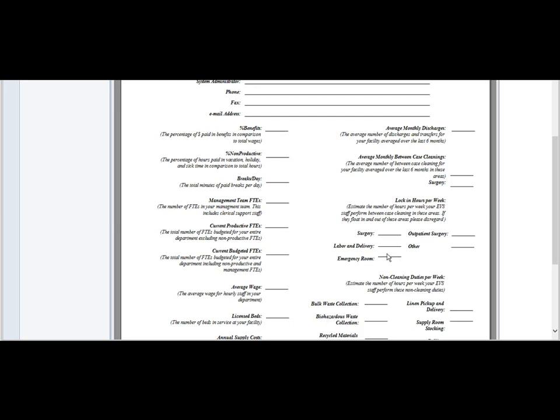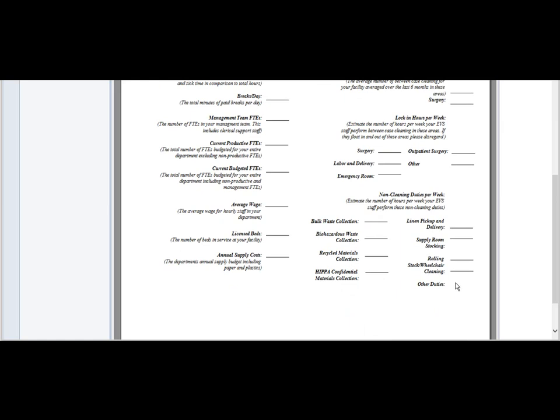The only other thing that maybe would slide through is your other duties. You're going to want to list the number of hours that you spend per week that are charged to environmental services for performing things like room setups, departmental moves, linen hauling, for example, and actually that's covered under linen pickup and delivery, but anything that's not a bulk waste or biohazard or recycling, rolling stock, supply room duty, things like that.